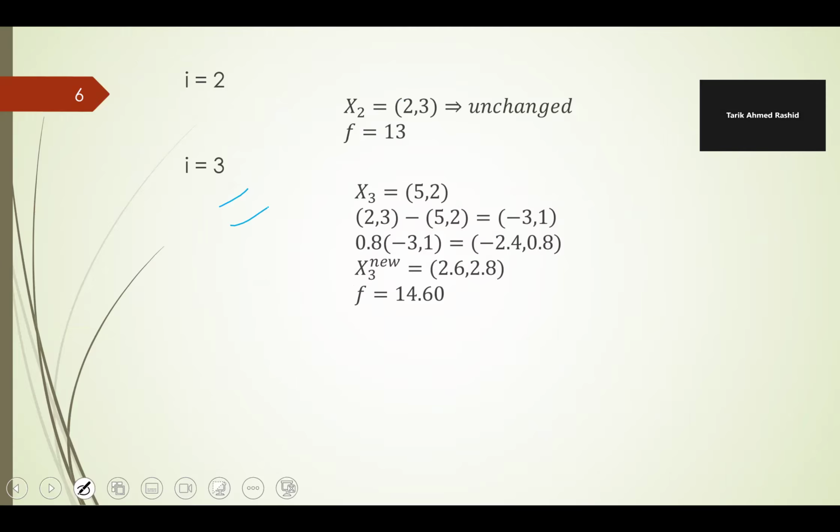And then for i3, 5 by 2, x1 is 5 and x2 is 2. Plug them into the update equation. So you'll have 2.6 and 2.8 for the x3 new solution. Now we have the fitness 14.6.